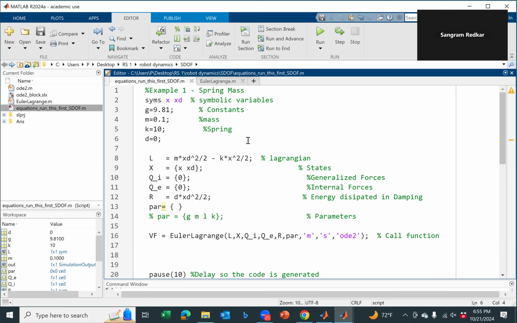Now, first, we have to identify something called the state space, which means which are the most important variables that describe the behavior of the system, the state of the system. What is the state space? The idea is, it's a second order system, so there are going to be 2 states. Why 2 states? Because this is a second order system.